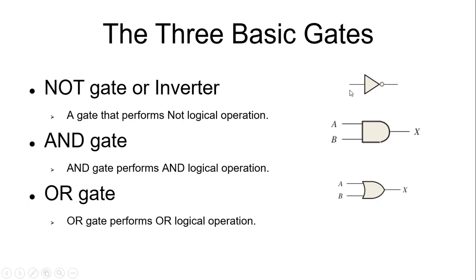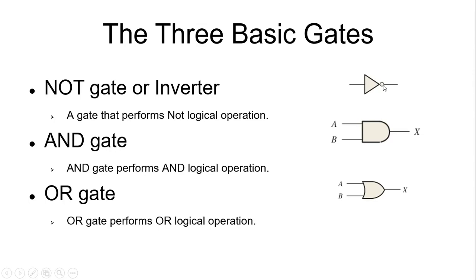This is the symbol of a NOT gate or an inverter. It is a unary operation, that's why it has a single input. On the left side of the gate, this is the input line, where we feed input to the gate. On the right side we have the output of the gate.